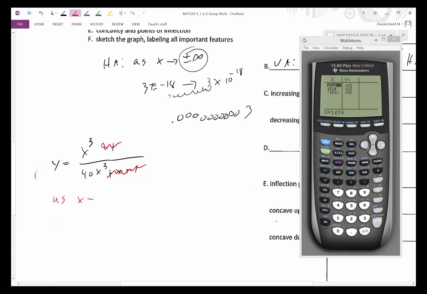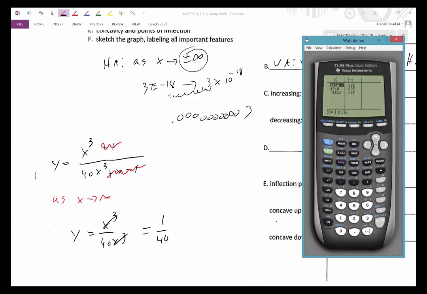Oops, excuse me, this was cubed. So as x approaches infinity, we're left with y equals x cubed over 40x cubed. That simplifies down to 1 over 40. And interestingly enough, 1 over 40 happens to be that decimal we were seeing in the table.